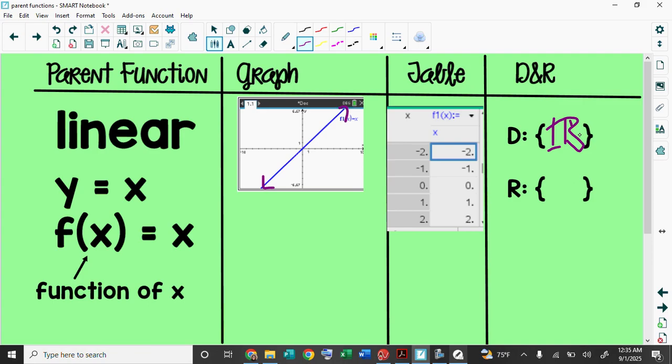I can go as low as I want and as high as I want until my range is all real numbers. For every line, linear function, your domain and range will be all real numbers. Make sure you get all of this information underneath that tab. Pause the video if you need to.